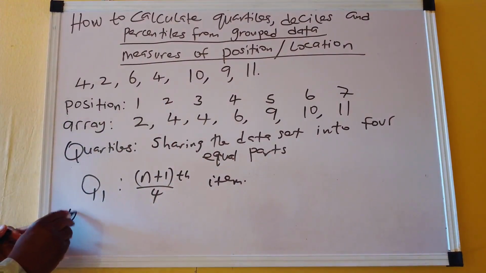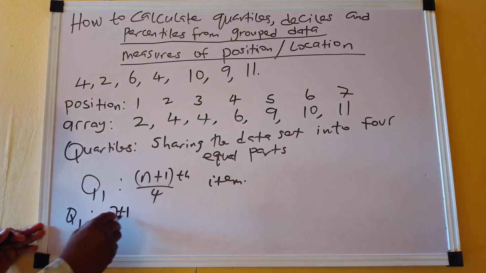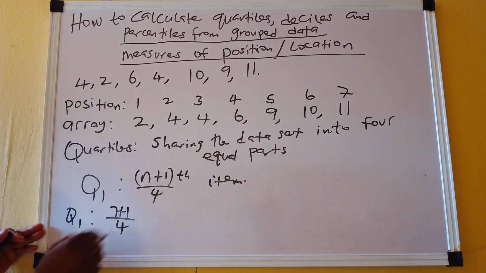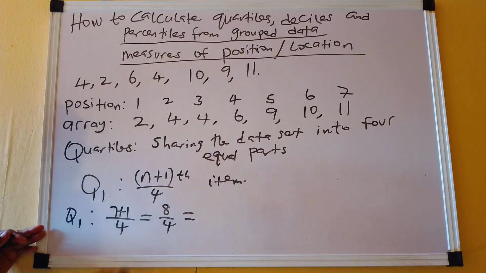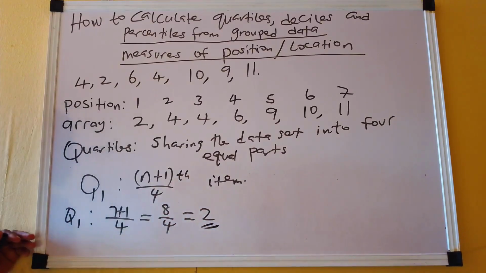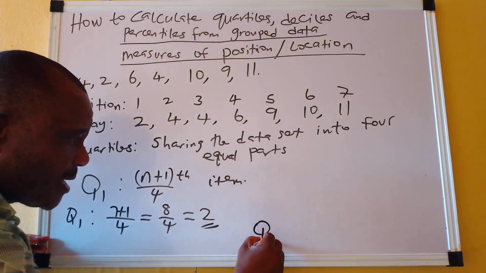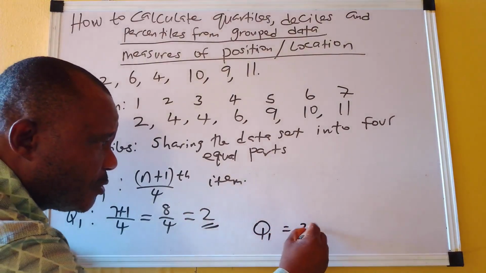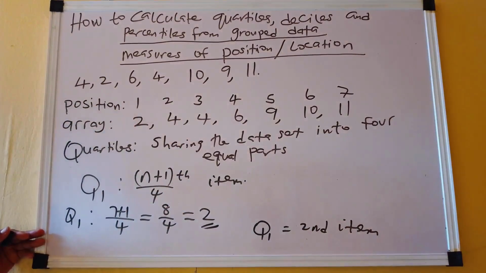Now if I want to get my Q1 from here, my n is 7, so it will be 7 plus 1 all over 4, which is 8 over 4, and that is equal to 2. So the Q1, the first quartile, will be the second item as arranged in the data set.